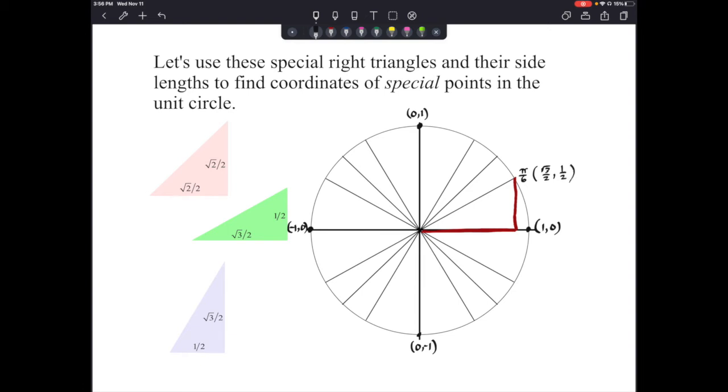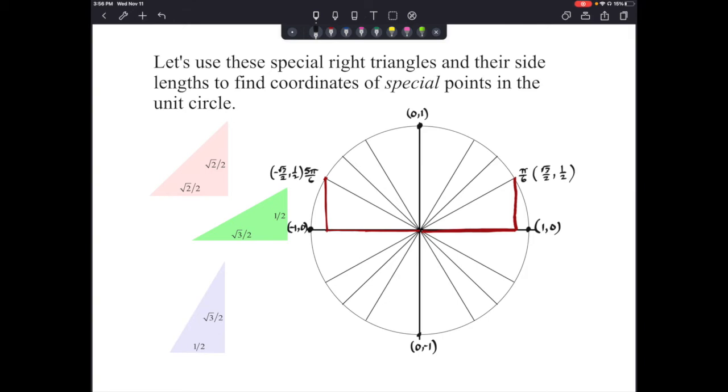Okay, well, that also would be the same distance for our angle that's over on this side too, right? It's going to be the same distance across here and up. The only difference here is now we're on the negative side for our x's. So our angle here was 5 pi/6, and our coordinate should have been negative radical 3/2, positive 1/2.